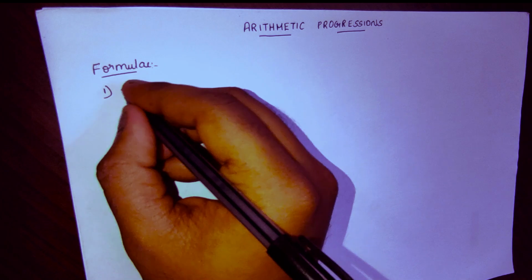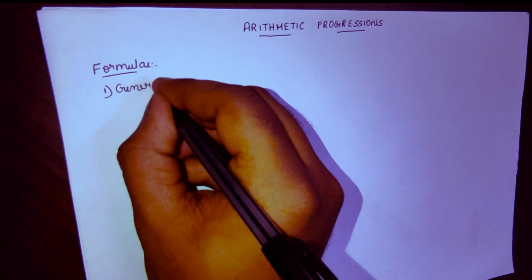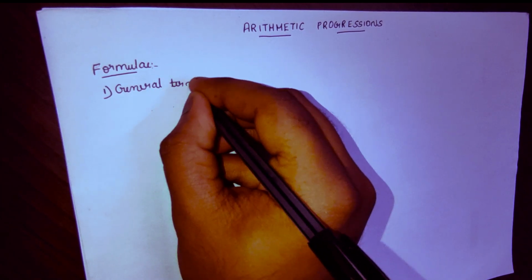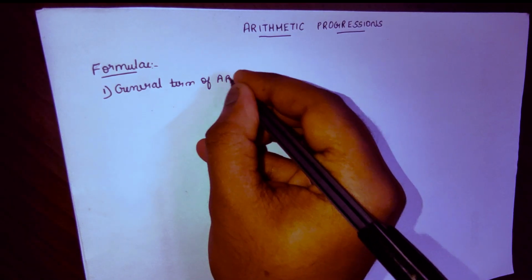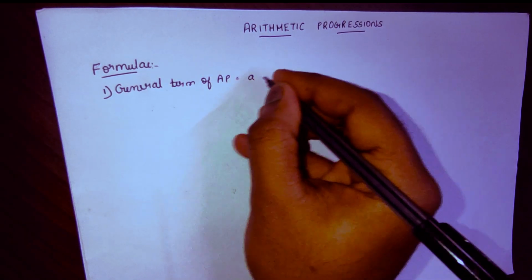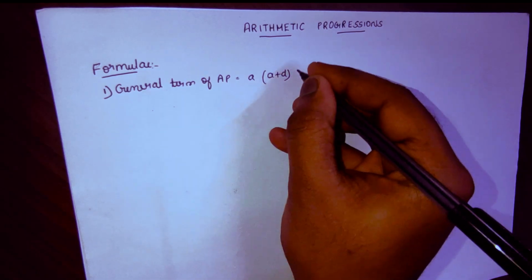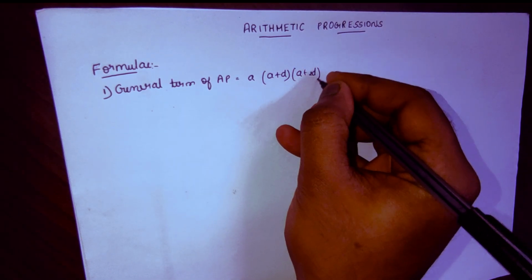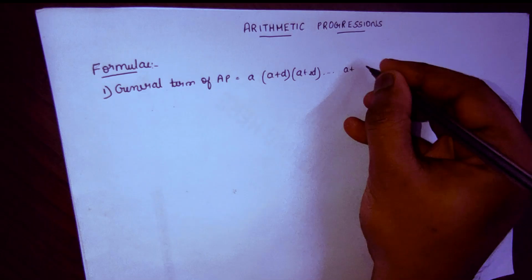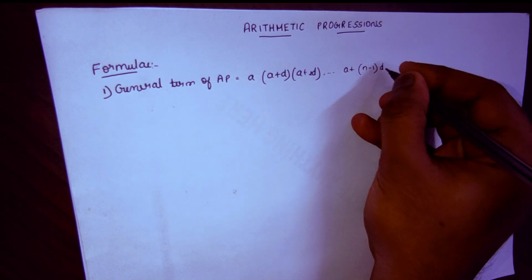General term of an arithmetic progression: a, a plus d, a plus 2d, and so on up to a plus (n minus 1) into d.